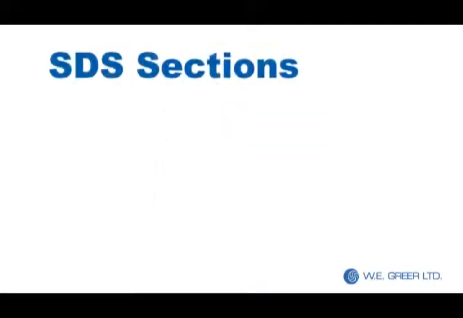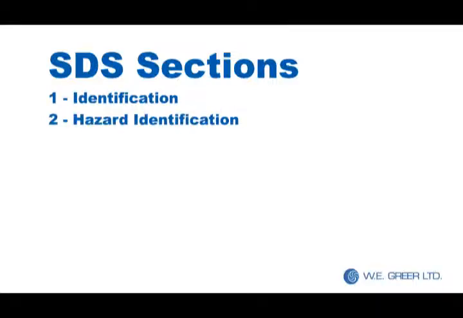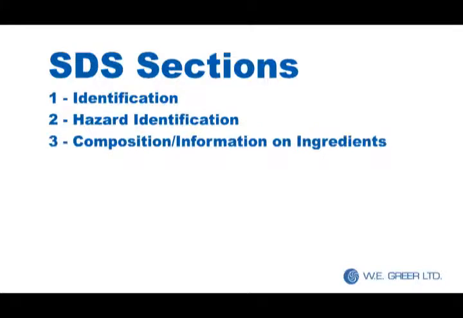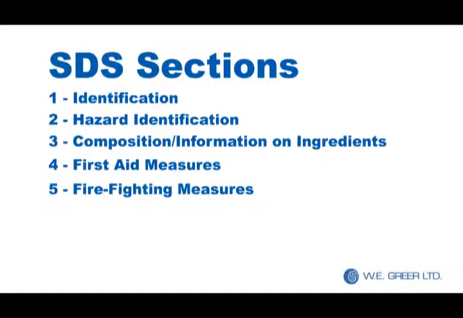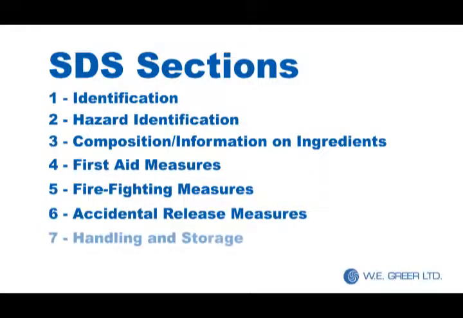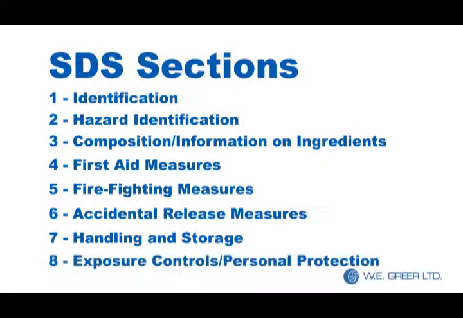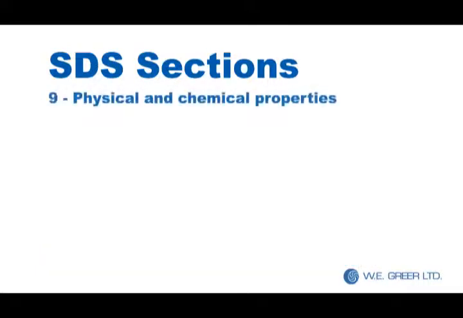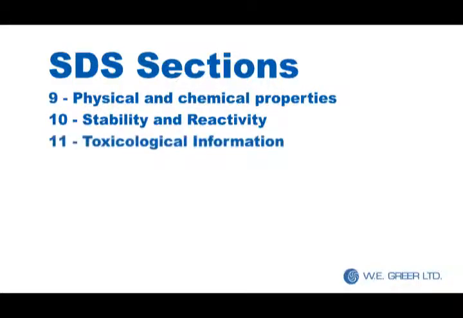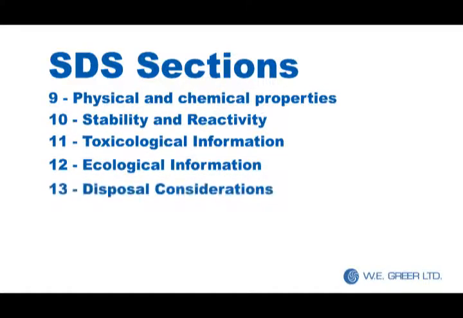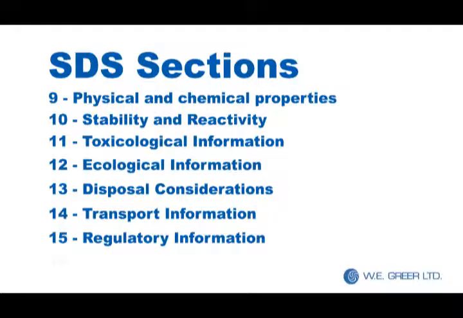These are the sections of the safety data sheet: identification, hazard identification, composition or information on ingredients, first aid measures, firefighting measures, accidental release measures, handling and storage, exposure controls or personal protection, physical and chemical properties, stability and reactivity, toxicological information, ecological information, disposal considerations, transport information, regulatory information, and other information.